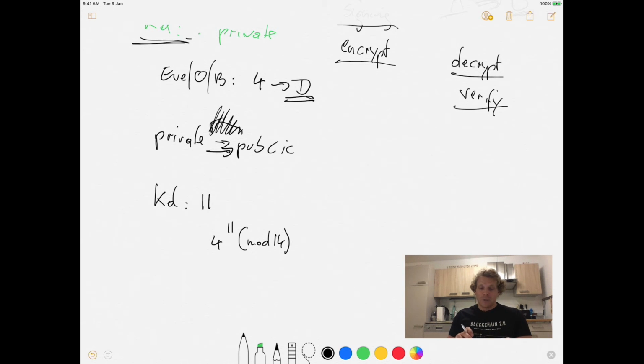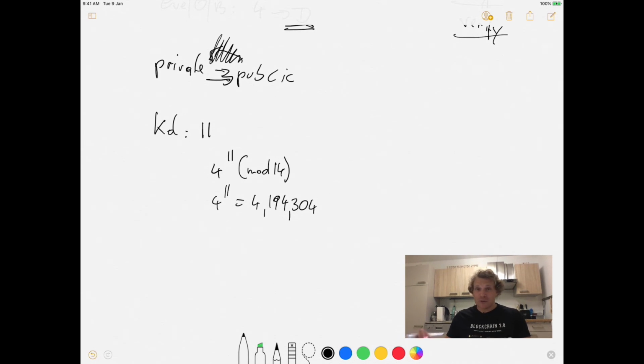Let me go backwards to write this down. So 4 to the power of 11 equals 4,194,304. You see already, and we're using really small numbers.